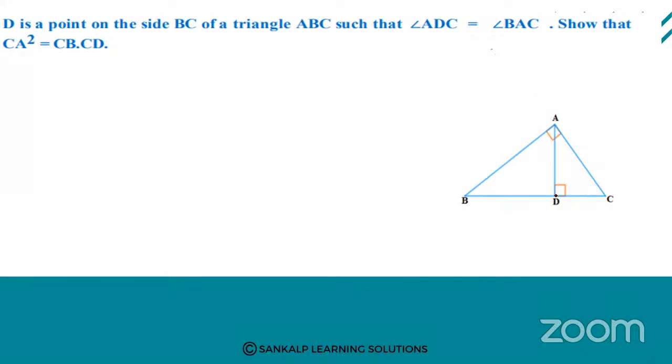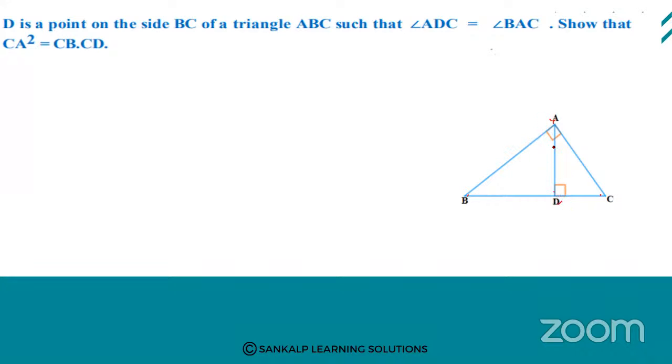Now here we are going to observe triangles ADC and BAC. We can see two triangles here: triangle ADC, and the next triangle BAC. They have said that angle ADC is equal to angle BAC.